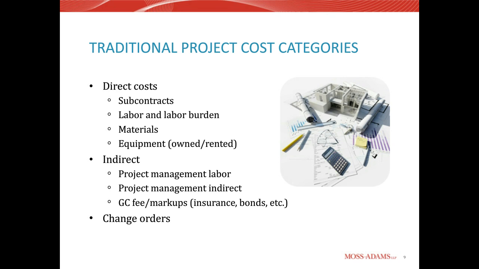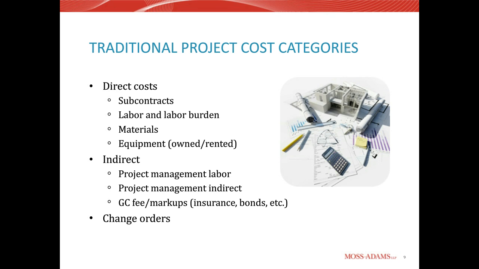And hopefully this will clear things up, but with a construction project, there's direct costs and indirect costs, the two major categories. Direct costs are anything that goes to physically building the work, so it's the subcontractors, who usually make up about 75% of contract costs. They're usually the ones doing most of the work.